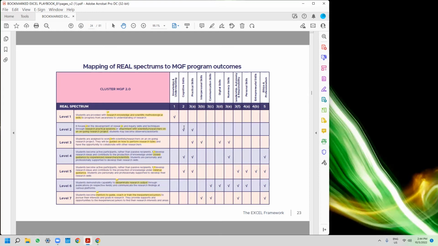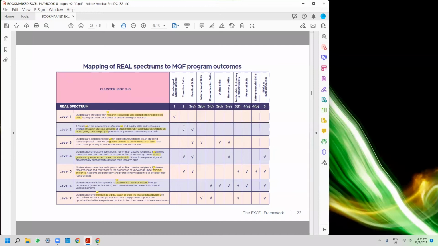Yeah, we have all these POs in our courses, but it may not be in the research spectrum. Yes. So I think what we should do is map all of our PLOs to the taxonomy.